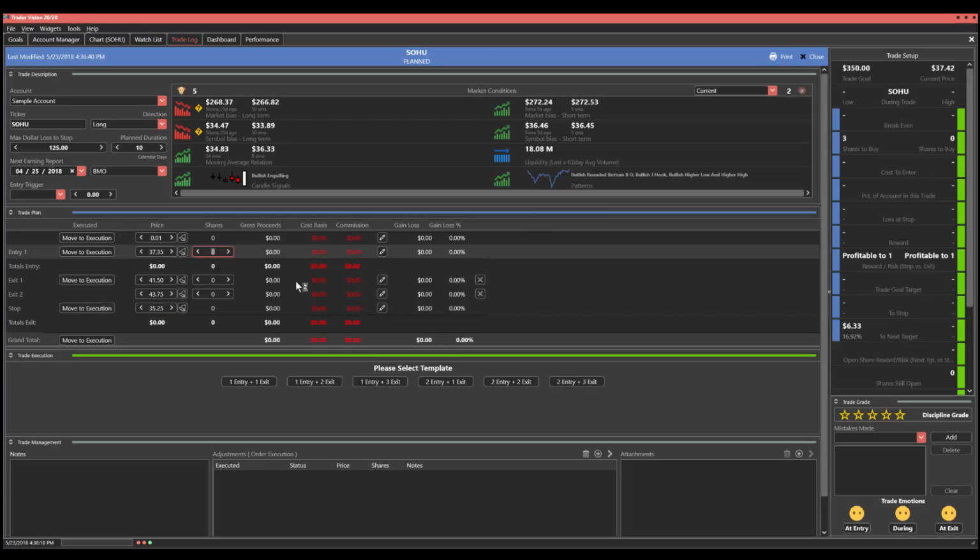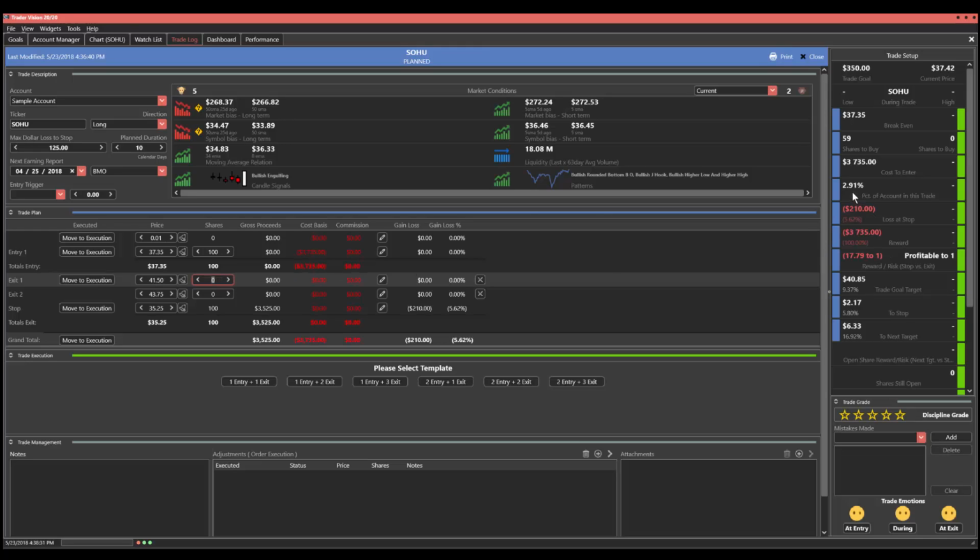So what would this do for us? It says I can buy 59 shares. Again, let's take it to 100. It's less than 3% of the account, risking 210 bucks. That's a little better than the 300 we were risking in the other trade. If we were to sell it all at this first stop, we'd be getting just under 2 to 1.